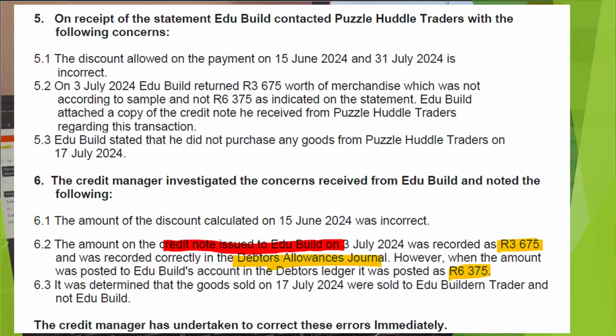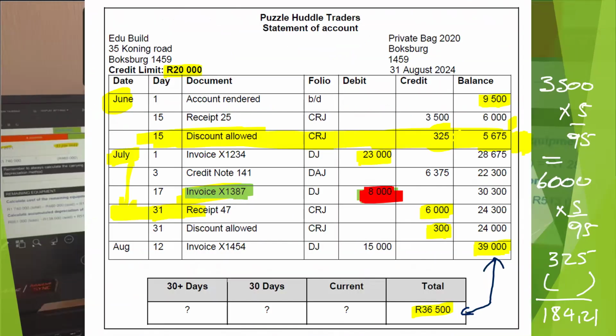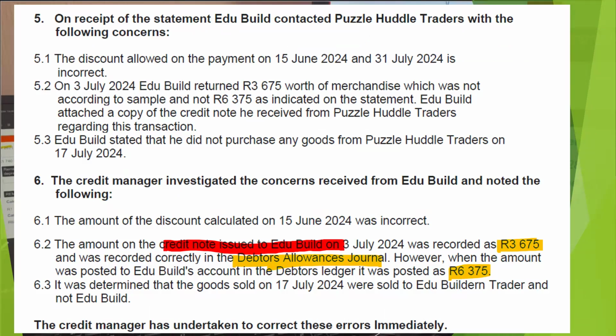One last one. 6.3 says it was determined that the goods sold on the 17th of July, I did show you those goods, will be that 8,000 rand. They were sold to another trader and not EduBuild.